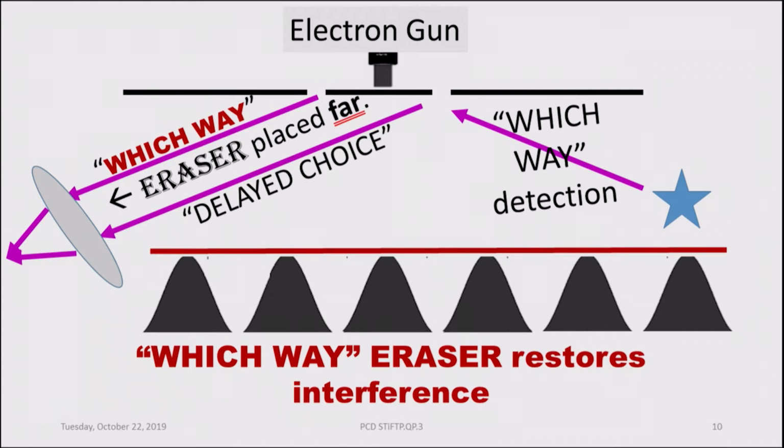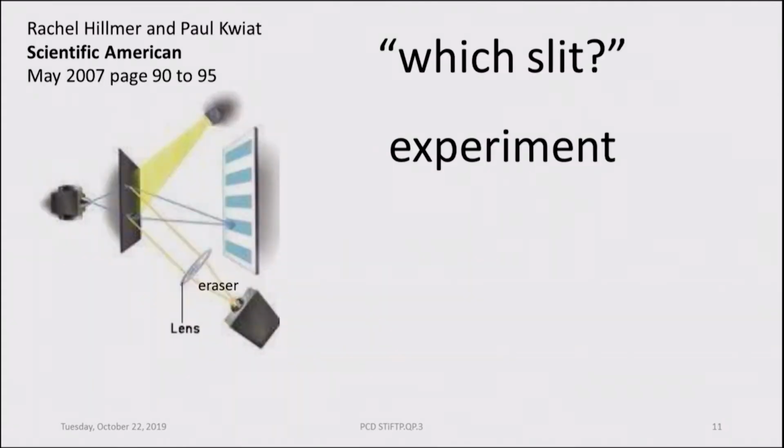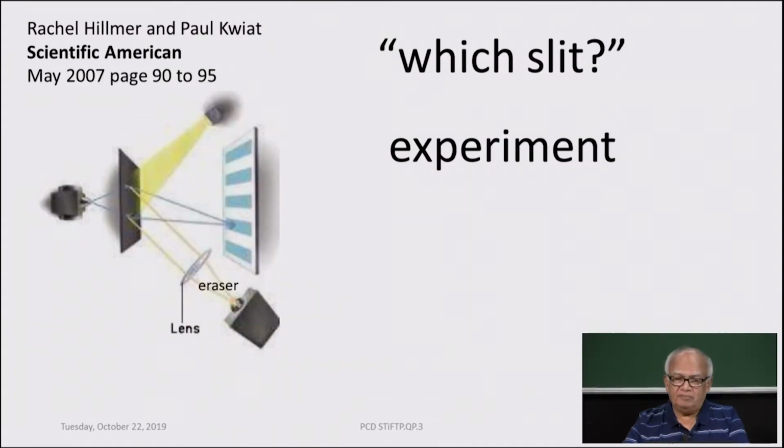It's so mind-boggling that just the presence of the possibility of detection destroys the interference, but erasing it any time, even after you think the particles would have reached the detector, restores the interference. Now, this is what makes quantum mechanics so mind-boggling.